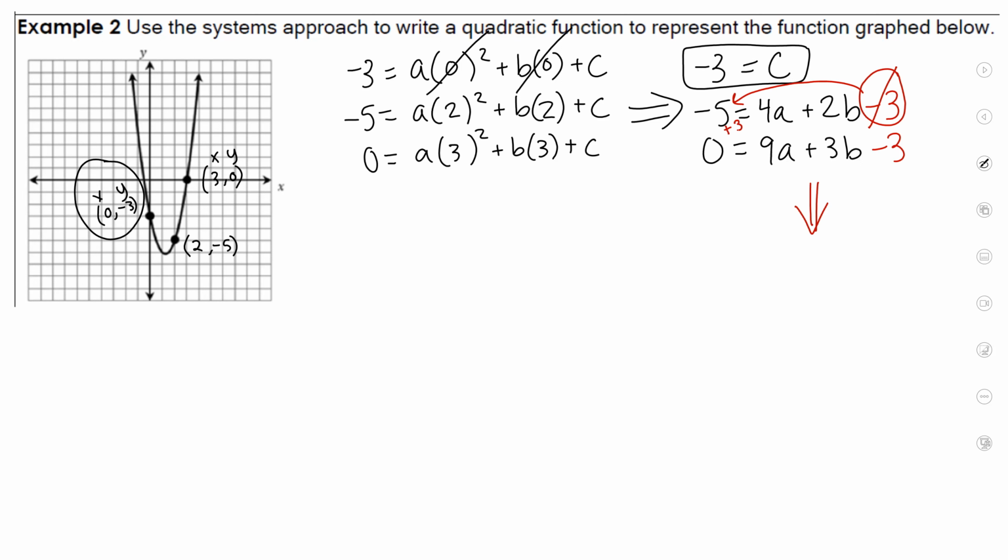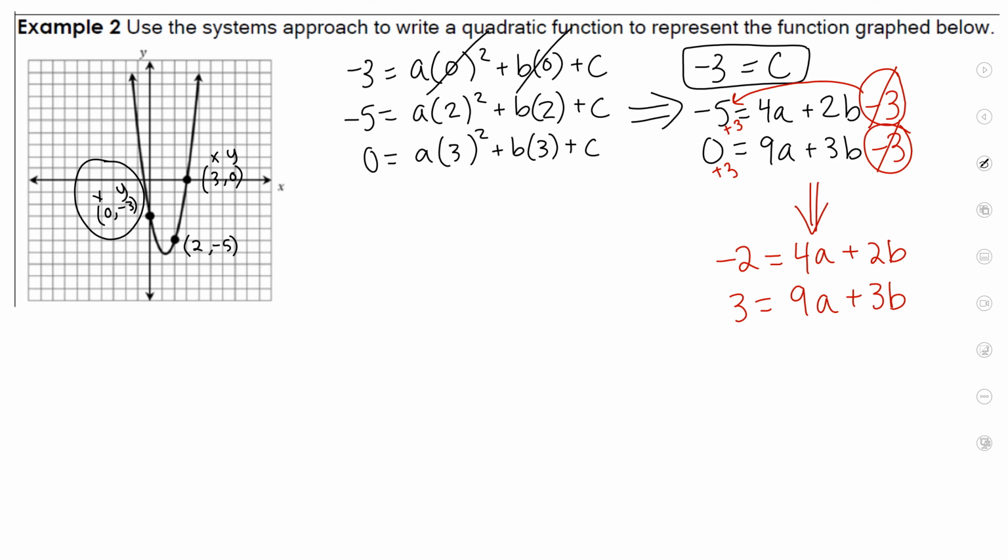So -5 plus 3 is -2. Everything else will stay the same, 4a plus 2b. This second equation, I'm going to cross out the -3. It'll be a +3 on this side. So I'm going to have 3 equals 9a plus 3b. So we already have our 2 equations.